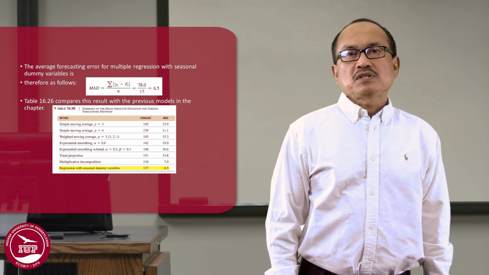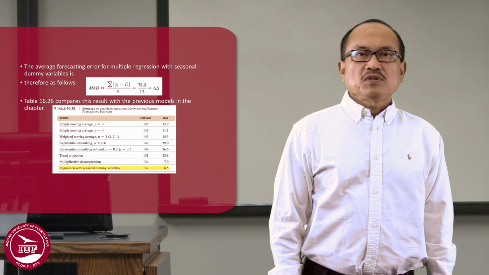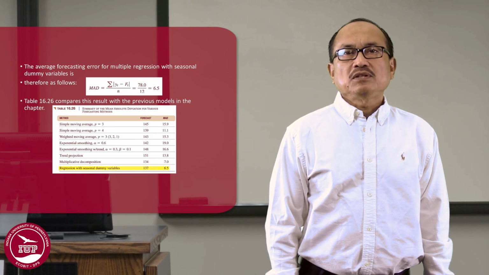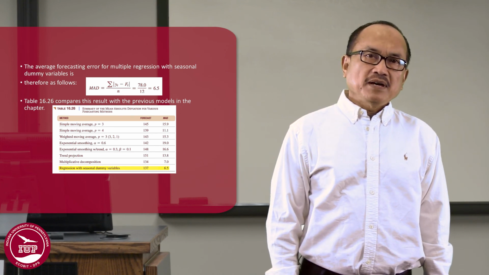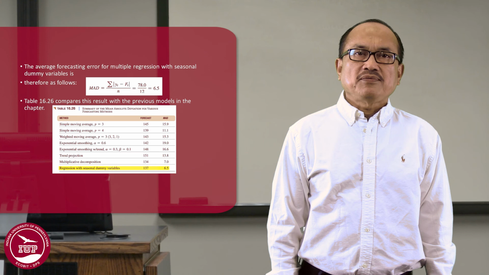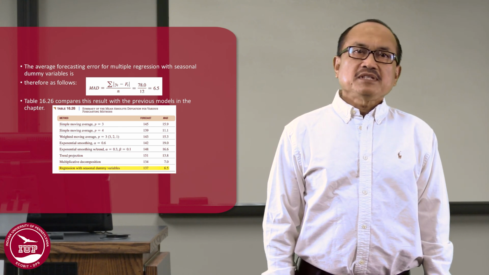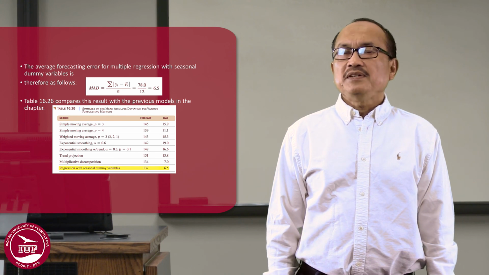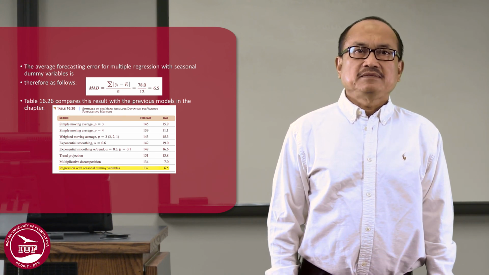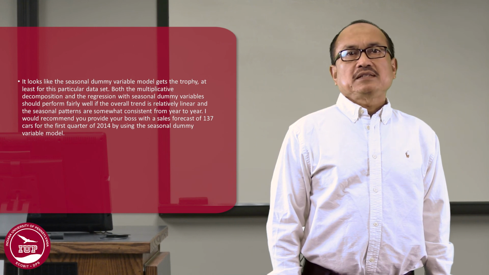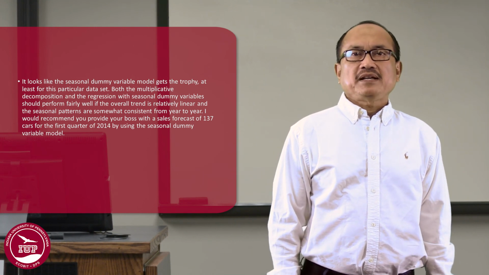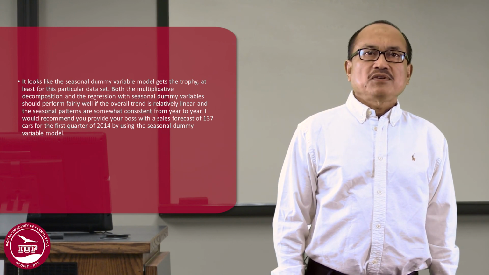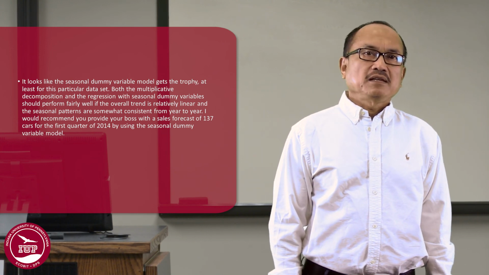MAD equals the summation of the absolute value of Yt minus Ft divided by n, equals 78 divided by 12, equals 6.5. Table 16.26 compares this result with the previous model in the chapter. It looks like the seasonal dummy variable model gets the trophy, at least for this particular data set.